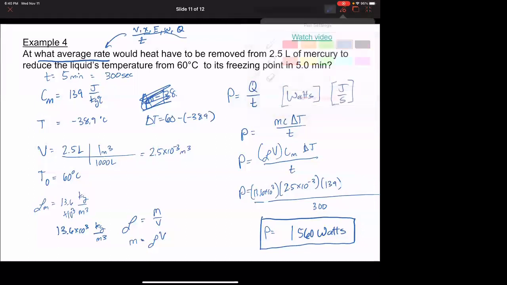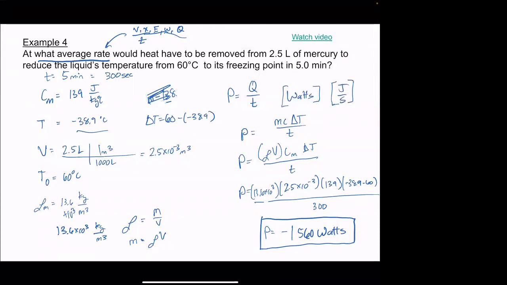This problem and I just weren't friends today. Final is negative 38.9, so it's negative 38.9 minus 60. That's a negative 1560. Yuck. Should have done this earlier when I was fresh, before I got frazzled.